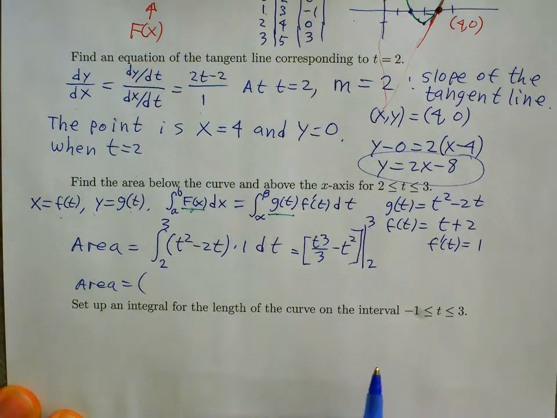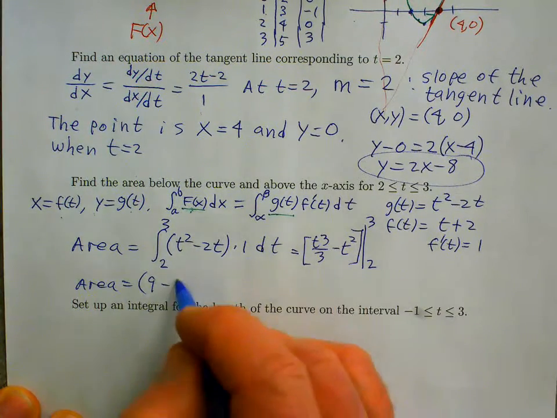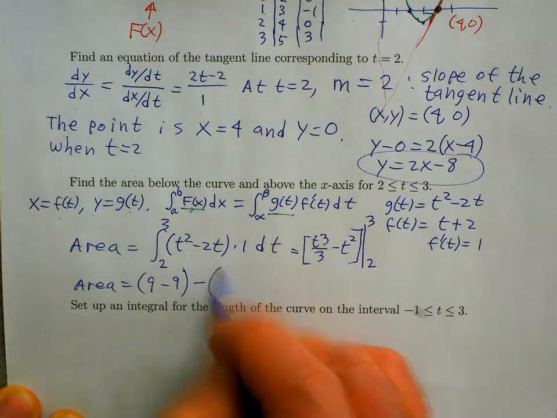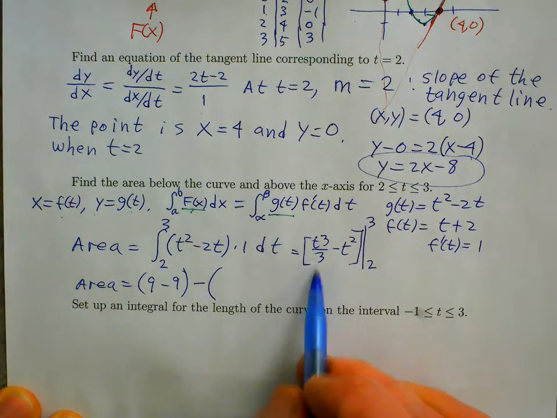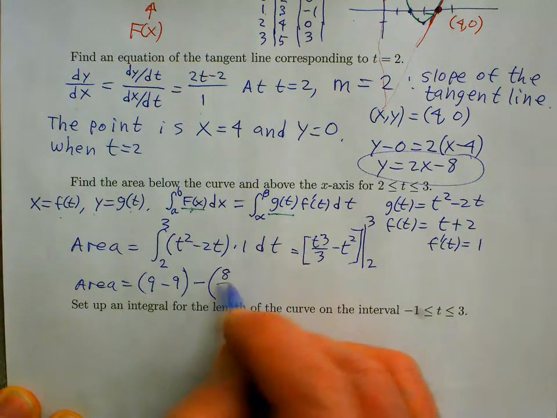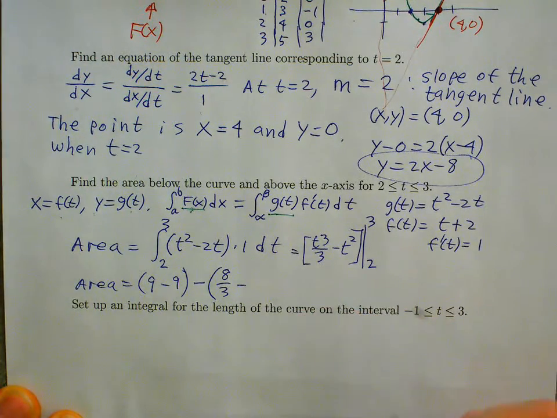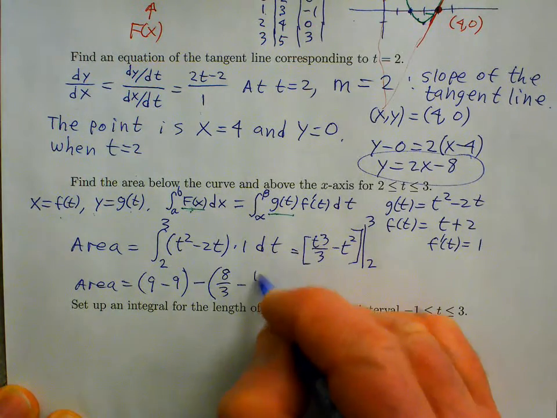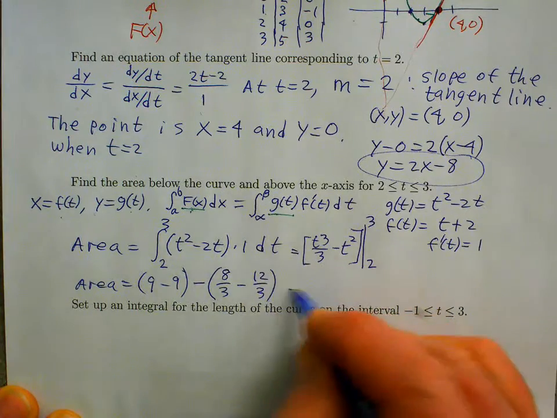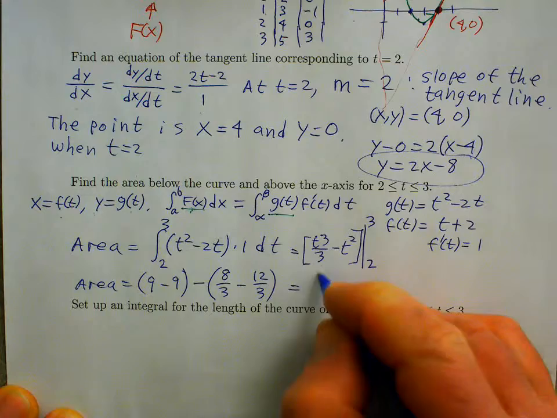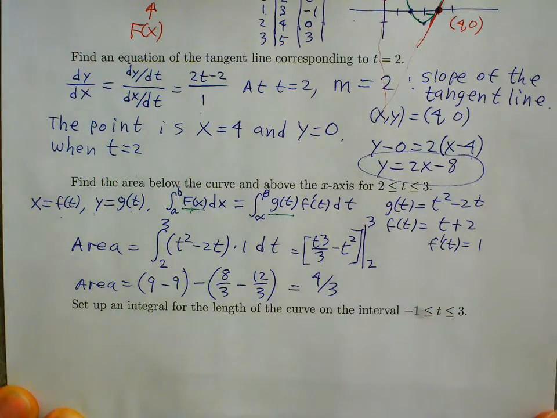When t is 3, 3 to the third over 3, 27 over 3 is 9, minus 3 squared is 9, minus 9, and then minus the quantity 2 to the third over 3 is 8 thirds minus 4, which is minus 12 thirds. And so we get the negative of negative 4 thirds, which is positive 4 thirds.